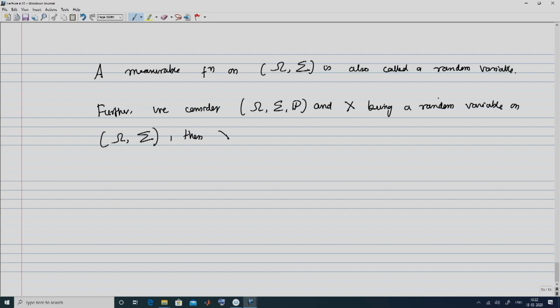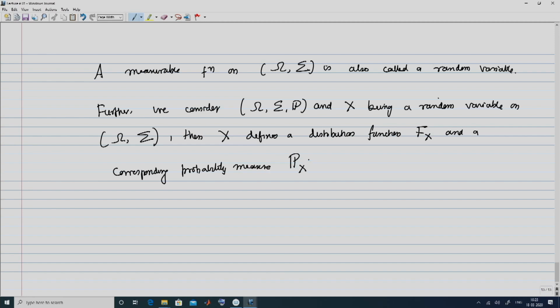Then this random variable X defines a distribution function, which we denote by capital F subscript X, and a corresponding probability measure P subscript X, just like we had done in the finite case.